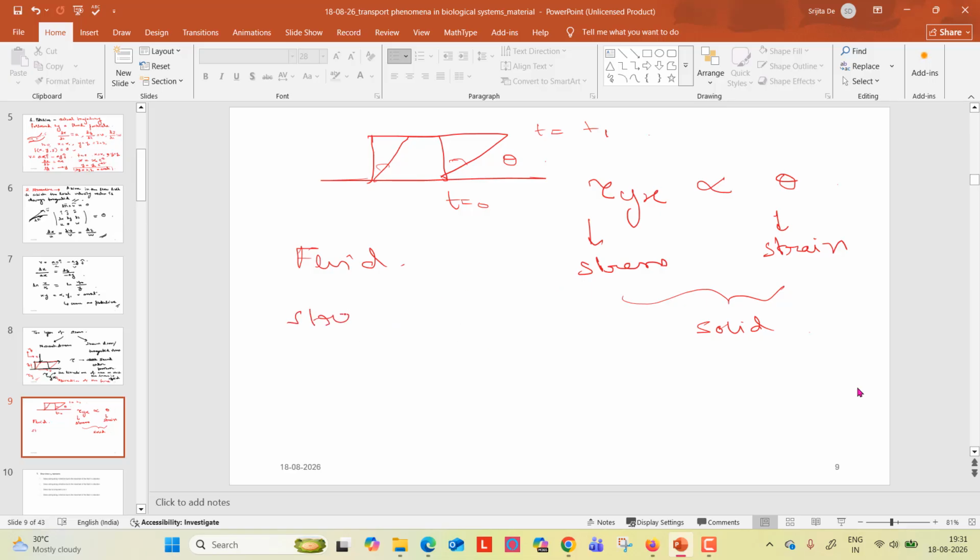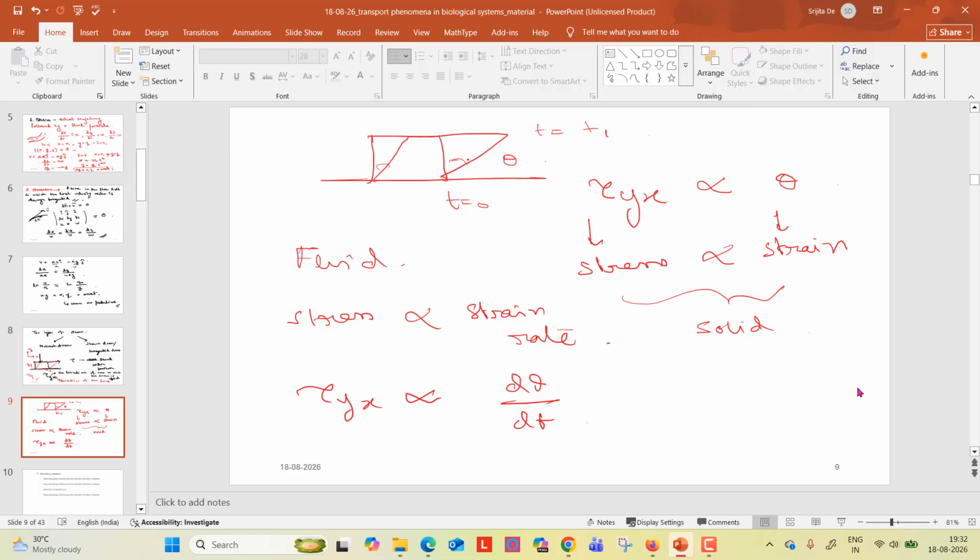This equation is changed from stress is proportional to strain to stress is proportional to strain rate. So we have already known the importance of rate in the earlier classes. So it is tau yx is proportional to d theta dt. That means the angle has changed from 0 to theta, right?